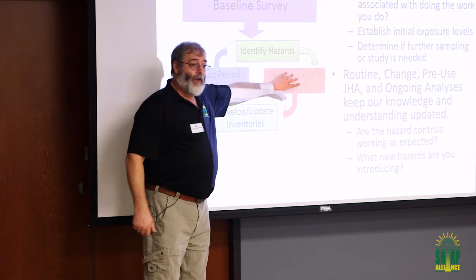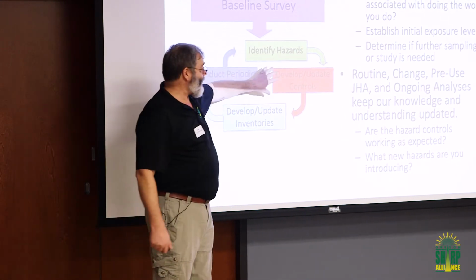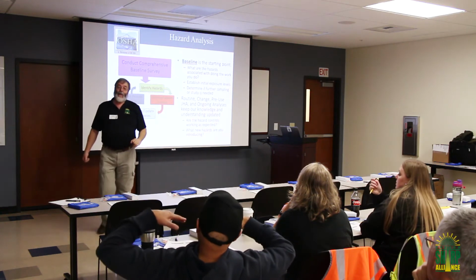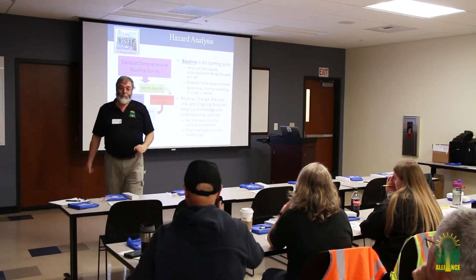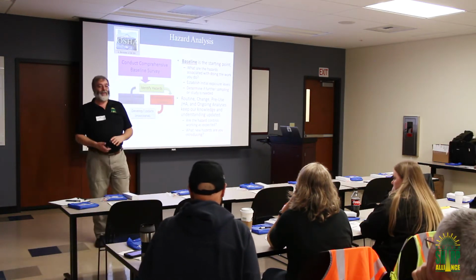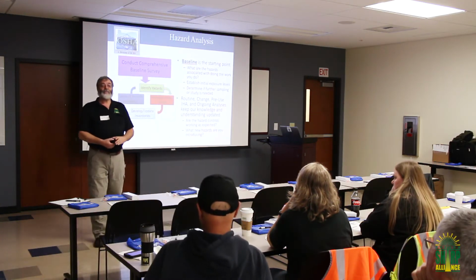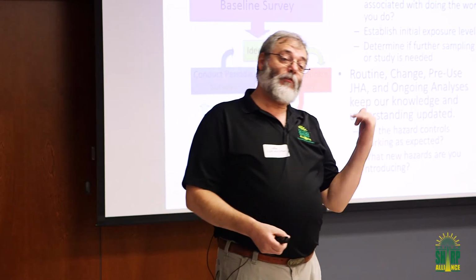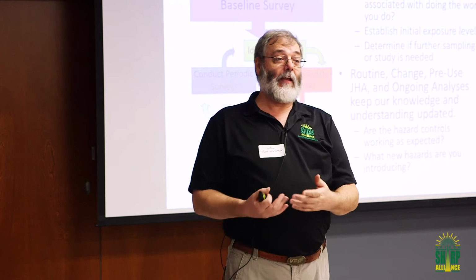Then we're developing or we're updating controls to manage that hazard. Yes, Don? Well, you're not going to really be able to determine if you're near the threshold if you don't know how to do the sampling. Right, and so if you're going to rely on what's going on with the activity, it's going to be more symptomatic. That's true, but there are some tools that we're going to be sharing that can help.